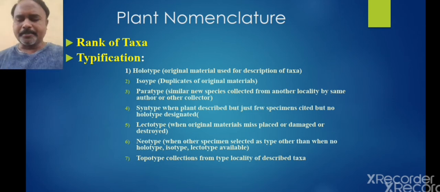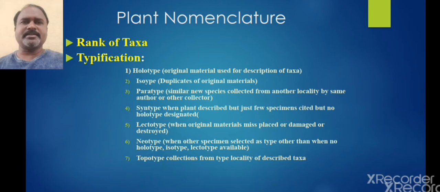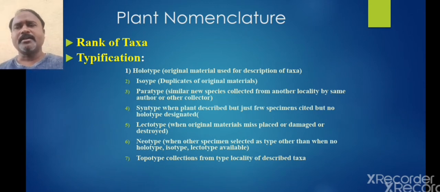Then syntype. When there is no holotype designated. What happens when we are looking at some older literature, we realize that many descriptions of new taxa are given in old literature, just placing 2 or 3 specimen information, but not written as a holotype.